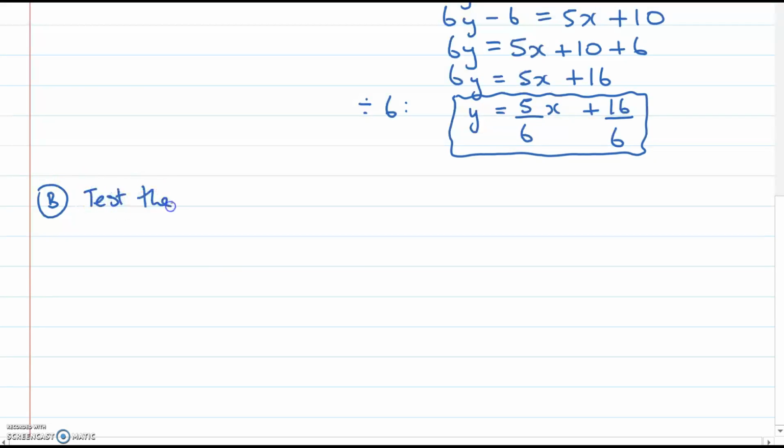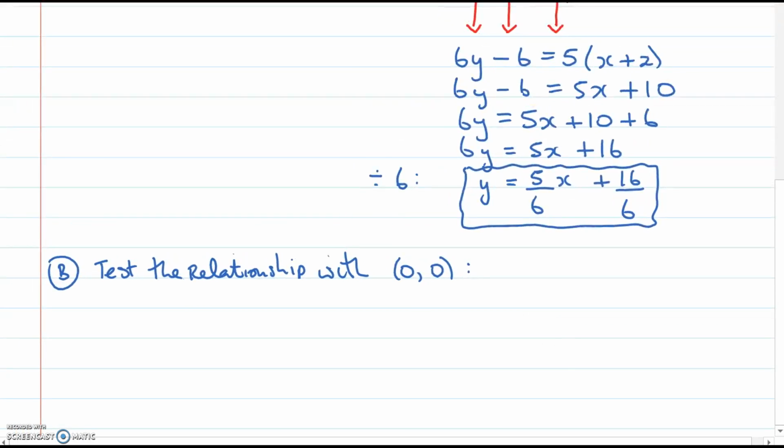Test the relationship with 0, 0. Now, we're going to go back to the equation of the line, y equals 5 over 6x plus 16 over 6. We're going to change the equal sign into greater than or less than. So we're going to do that right now, and just until we know what the answer should be, let's leave it blank.